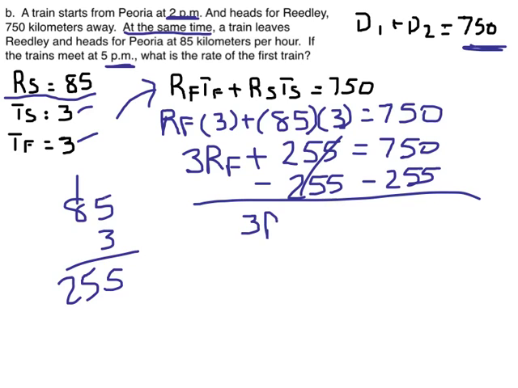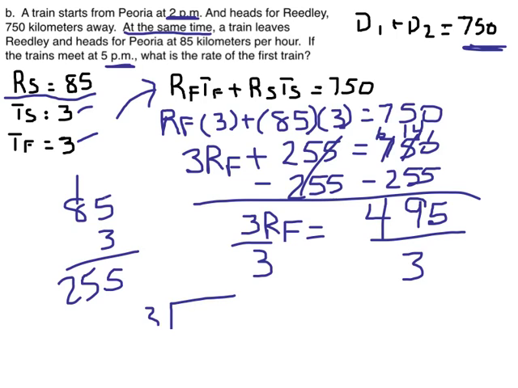And we have 3RF is equal to, let's see, 14, that's 6, that's now 14, that's 10, that's 5, 14 minus 5 is 9, 6 minus 2 is 4. Divide both sides by 3.